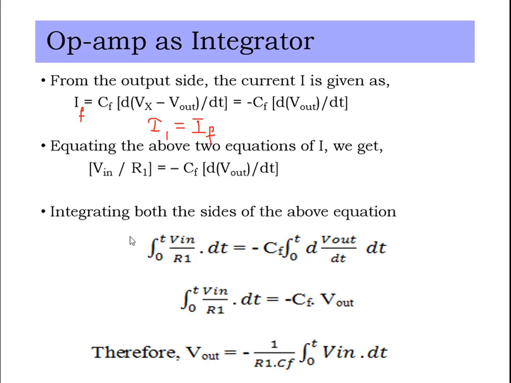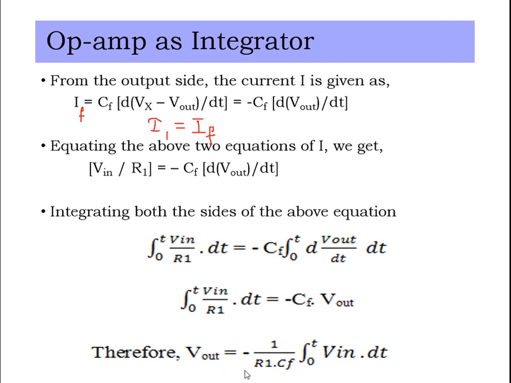Integration from 0 to t of Vin divided by R1 into dt is equal to minus Cf times the integration from 0 to t of dVout divided by dt into dt. Here the integration and differentiation cancel. What is left is the integral from 0 to t of Vin divided by R1 into dt, which is equal to minus Cf into Vout. So we are obtaining the output equation of an integrator.